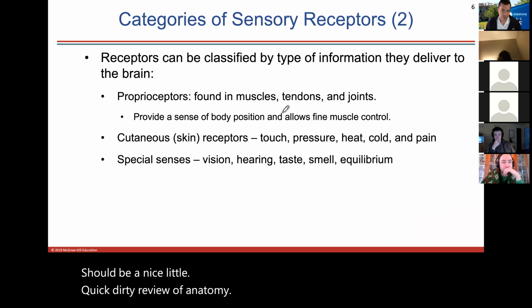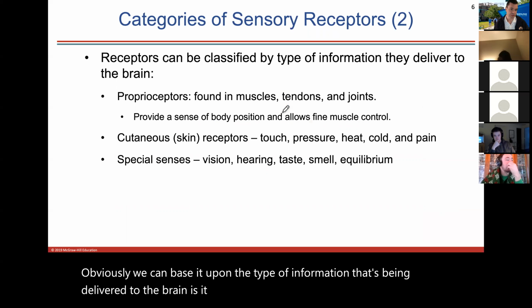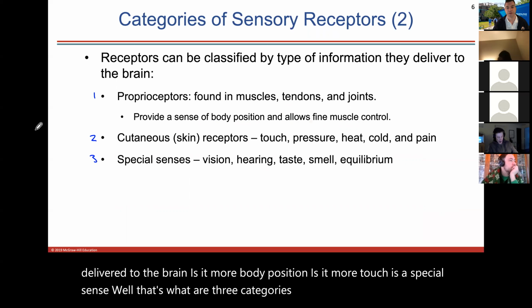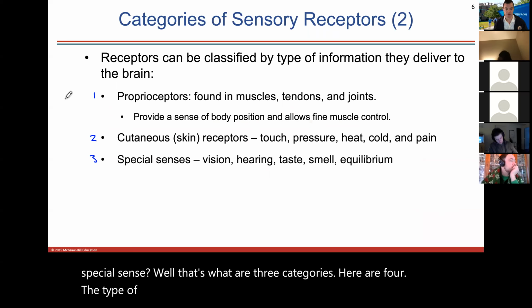Obviously, we can classify them based upon the type of information that's being delivered to the brain. Is it more body position? Is it more touch? Is it special sense? That's what our three categories here are for, the type of sensory information coming in.